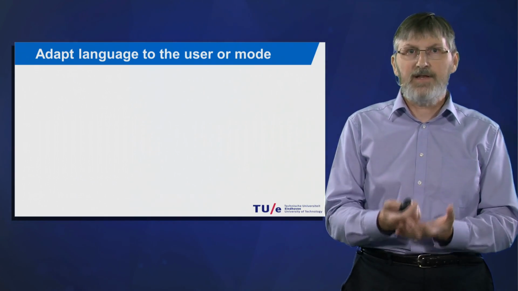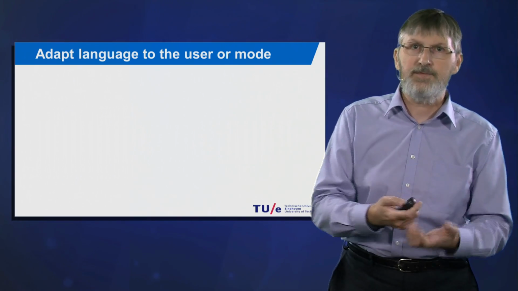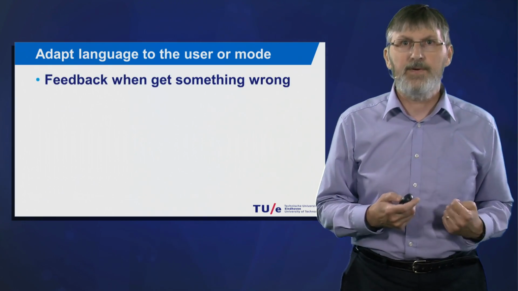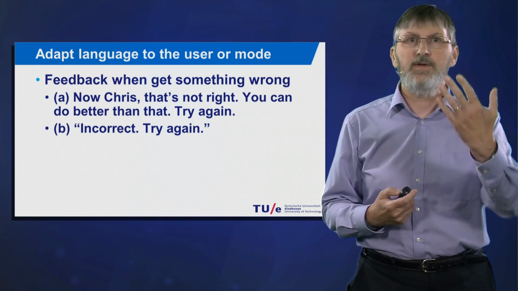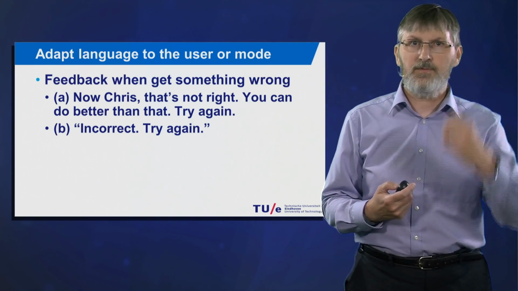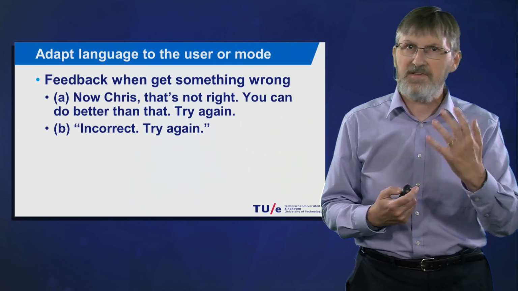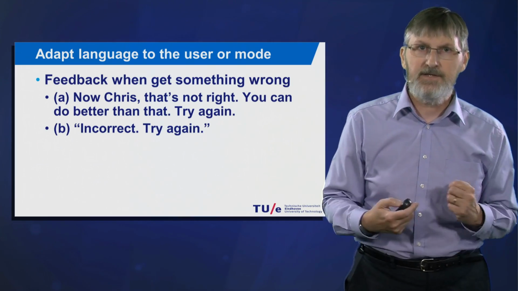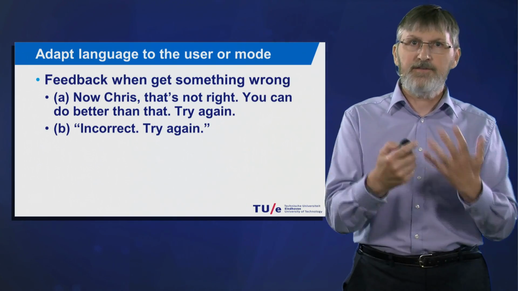We should adapt the language to the user or the circumstances in which we encounter the error. Here's an example. Something goes wrong, and we can have a friendly chat with our user, Chris, saying, "No, this isn't right, you can do better, try again." In a learning application used by young people, this may be acceptable.